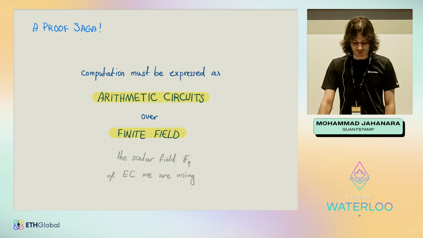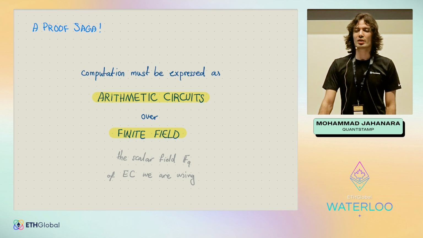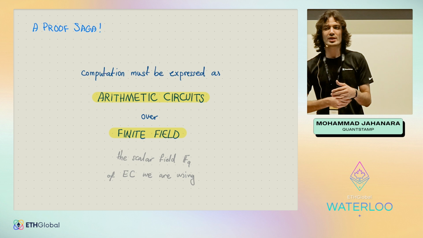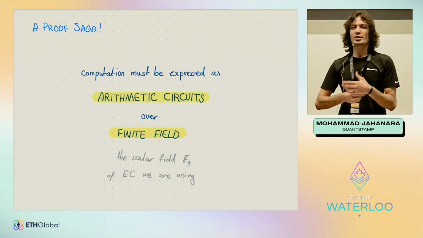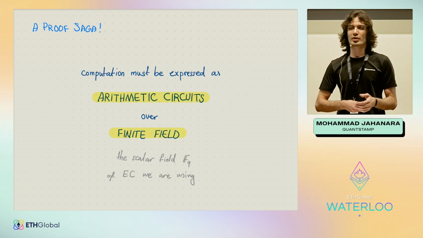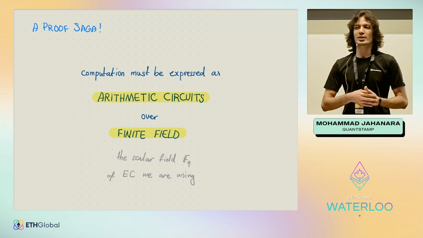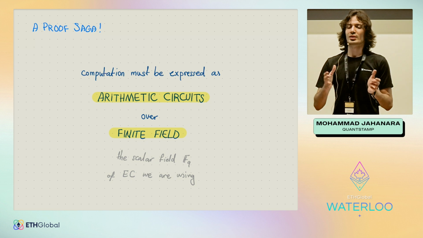Okay, two important points. The first one is the computation has to be expressed as some sort of circuit. For those of you who have seen it before, it has to be an arithmetic circuit defined over a finite field. Basically, we cannot just write Python code or Solidity code and expect it to be proved.